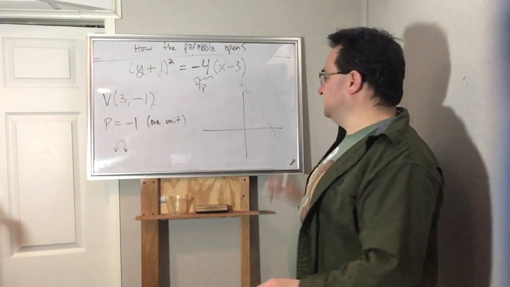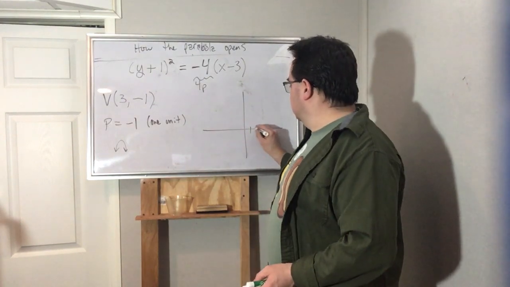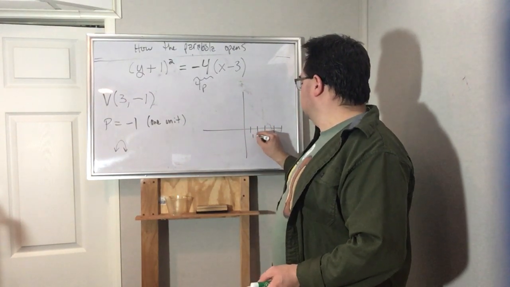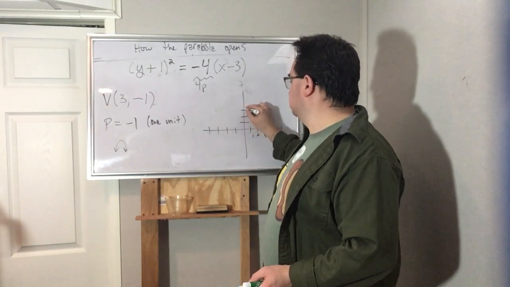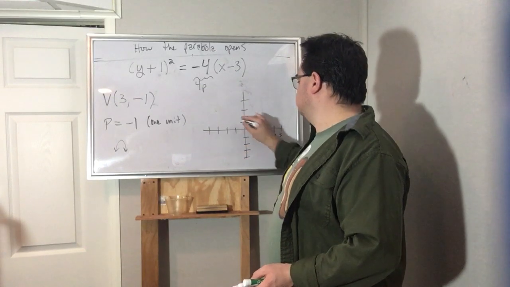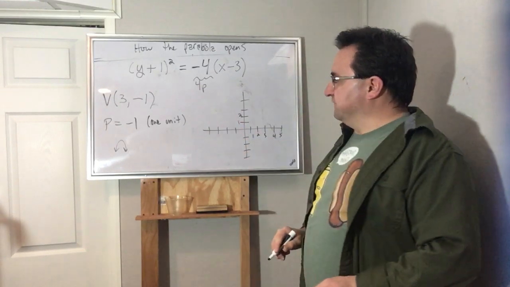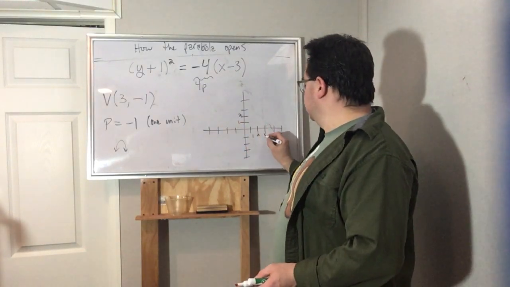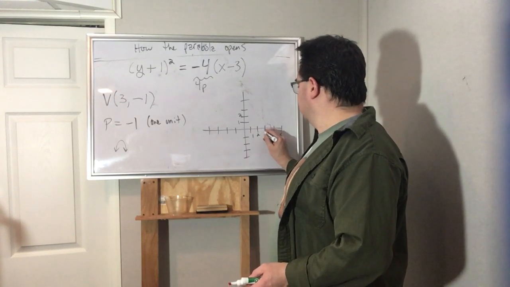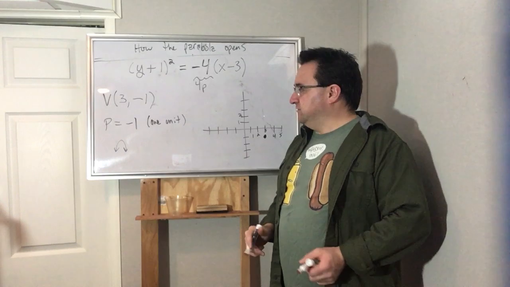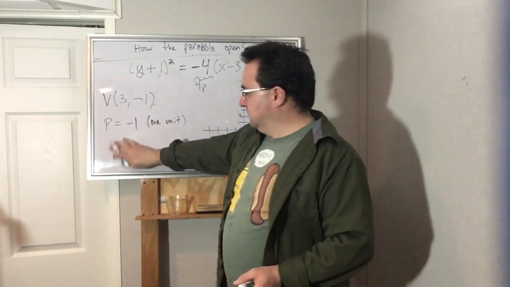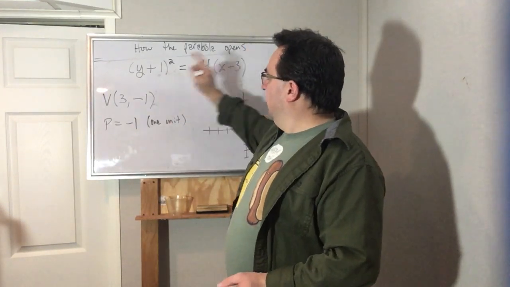Now we have to put this into play. So let's see, 1, 2, 3, 4, 5. 1, 2, 3, 4. So I have a vertex at 3, minus 1. I know it's, whoa, back it up.